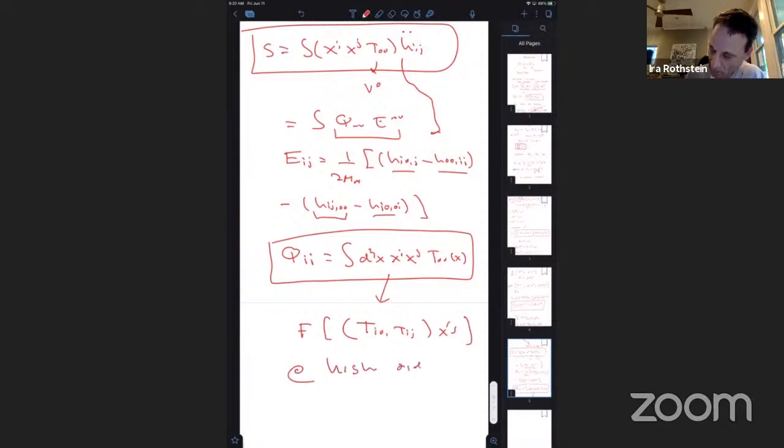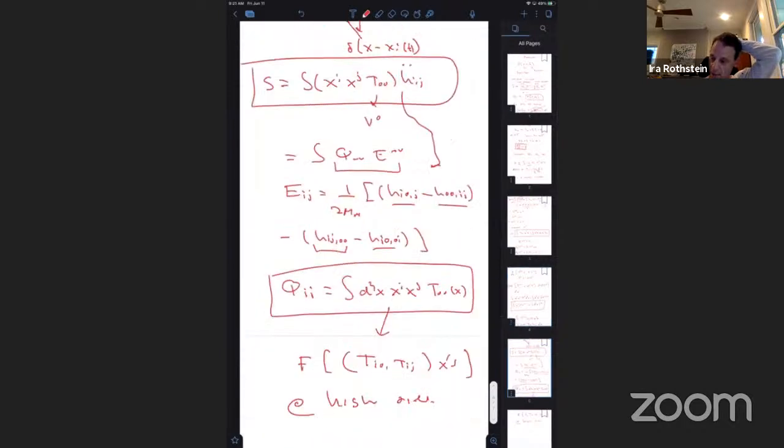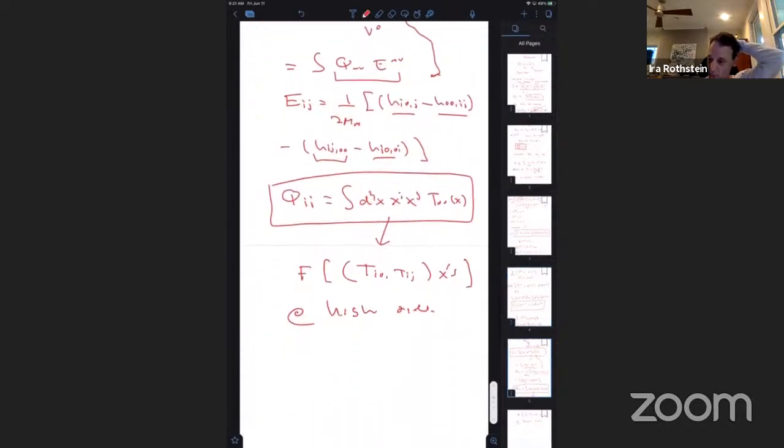So you can go to higher order in a systematic way just by including all the terms that you have here. And this tells you the form of the Q^{ij} in the post-Newtonian expansion.